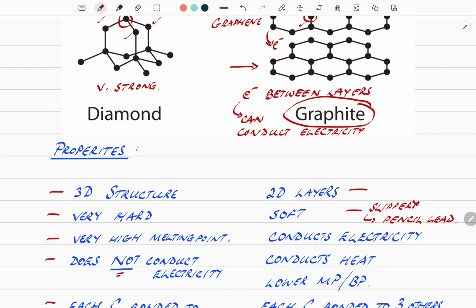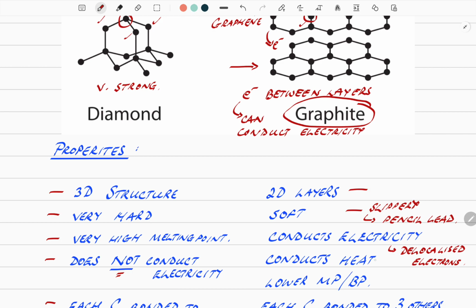What we talked about in the diagram earlier, because each carbon has that spare electron which it releases between the layers, we call those delocalized electrons. That's what allows it to carry a current through it, so it conducts electricity.